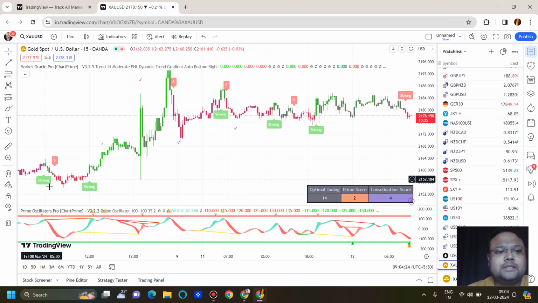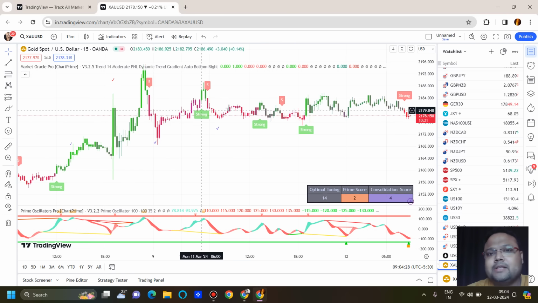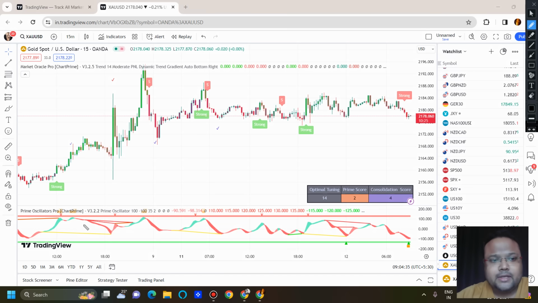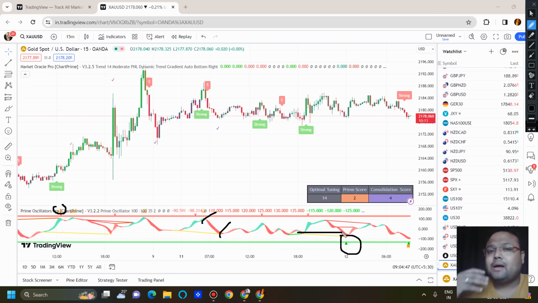For example, you can see on the chart, the Market Oracle Pro is giving us buy and sell signals, but at the bottom you can see the Prime Oscillator Pro is also helping us with the overbought, oversold levels, and at the same time it is also marking the trend reversal levels and divergences, so that we can understand where the market is losing momentum, where the market is gaining momentum, and we can plan our trades accordingly.